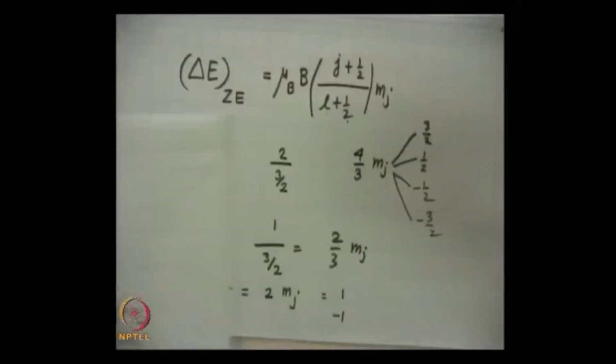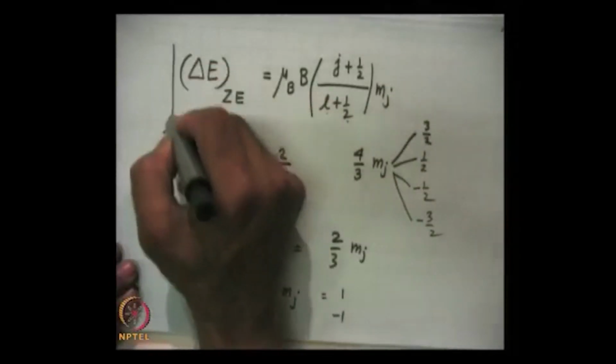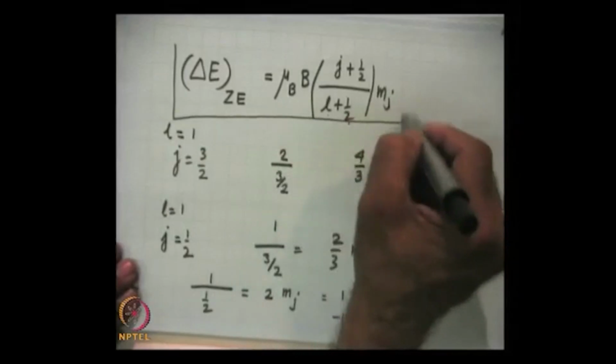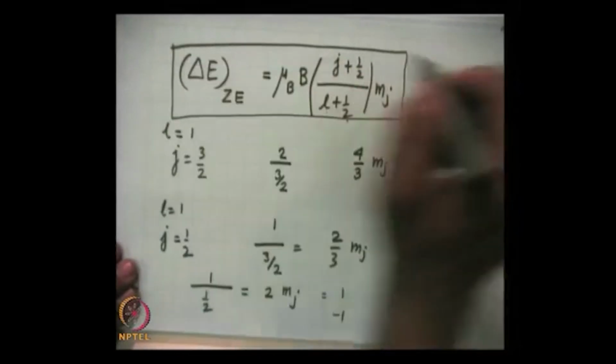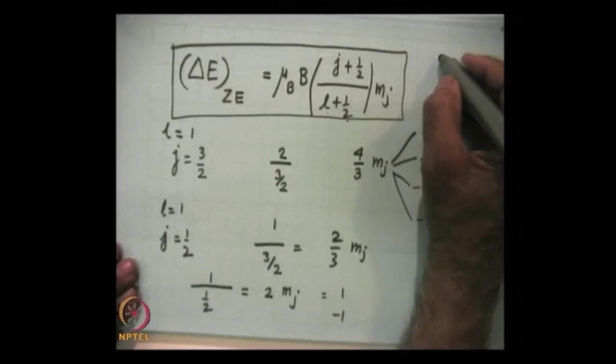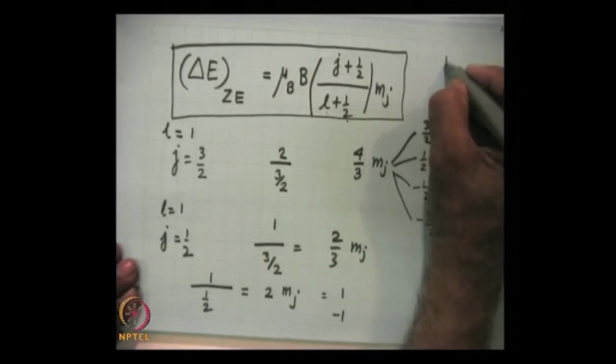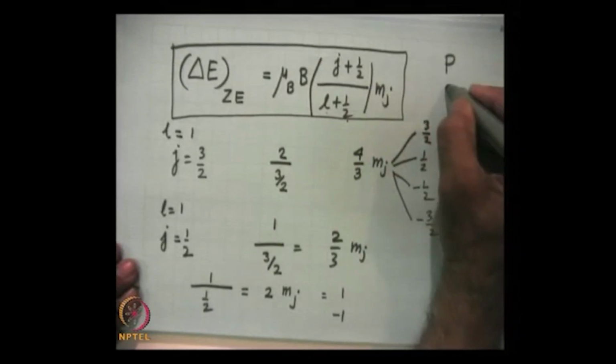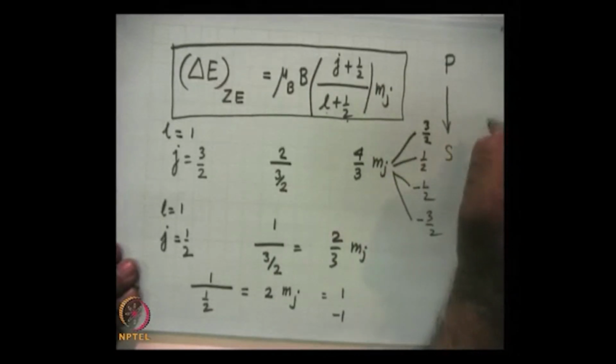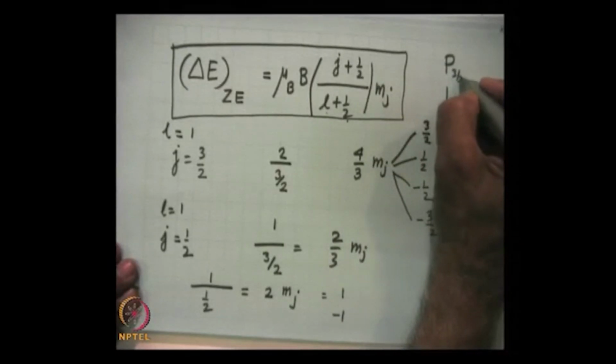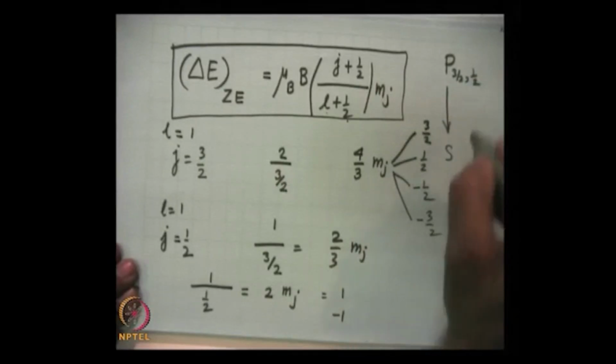So, this figure, what I would request all of you is to use this formula to calculate the transition from the P state to the S state, P 3 by 2 and P half to S half state.